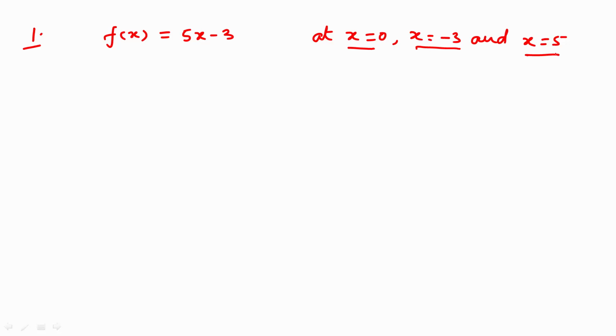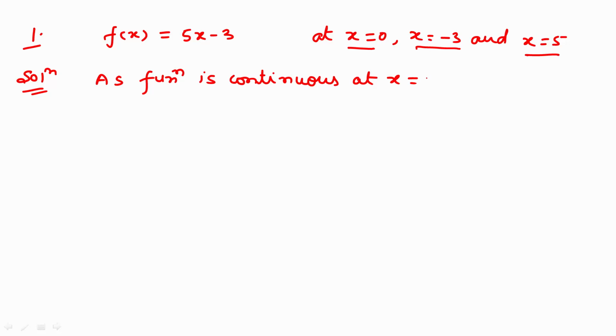So let's start. The first one is, as the function is continuous at x is equal to 0.